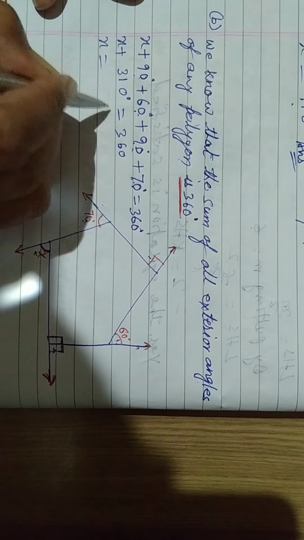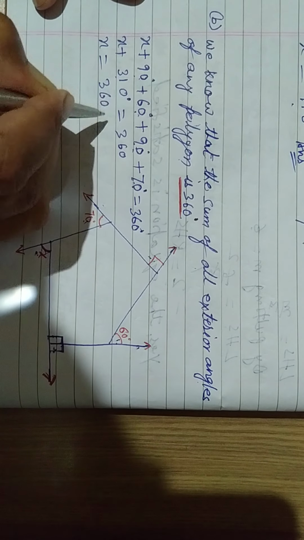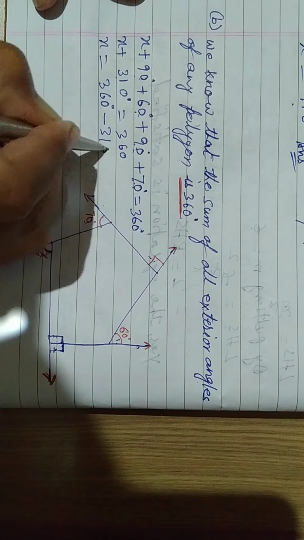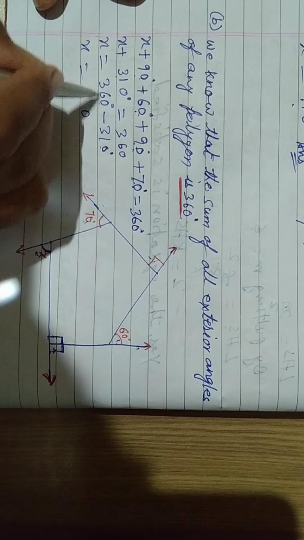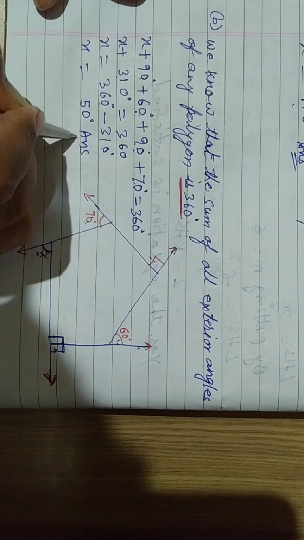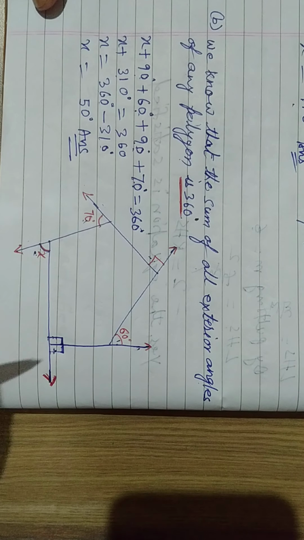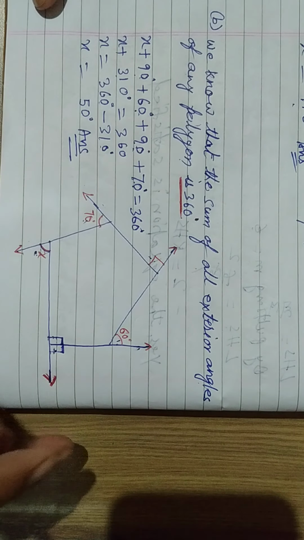Next step, x is equal to 310, you send to the right side, sign will change, 360 degree minus 310 degree. Then x is equal to 0 minus 0, 0, 6 minus 1, 5. 50 degree is the answer. Now the value of x is 50 degree.